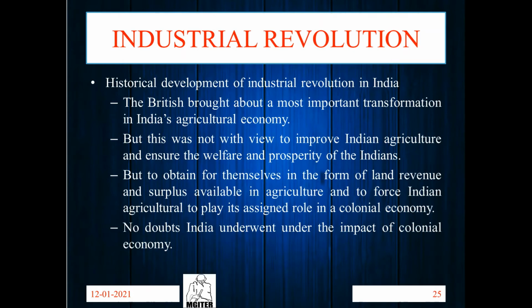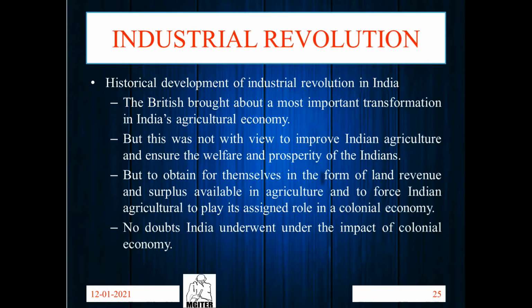But this did not improve Indian agriculture or ensure the welfare and prosperity of Indians. It means the industrial revolution did not improve Indian agricultural conditions. Because the Britishers ruled India, the land revenue and surplus agricultural product were consumed by the Britishers.